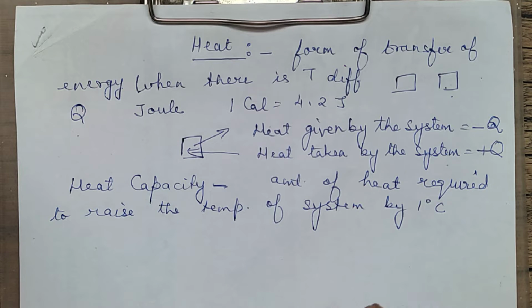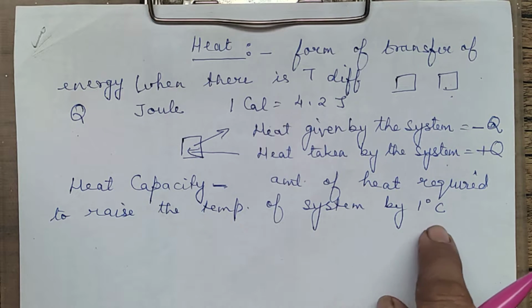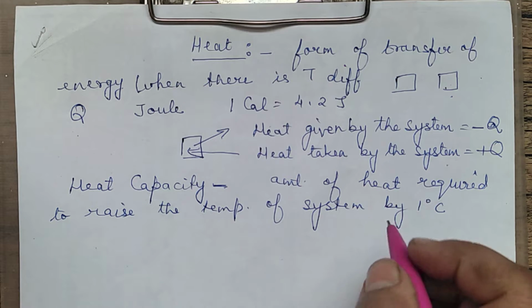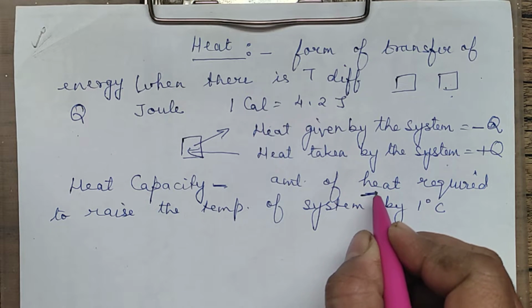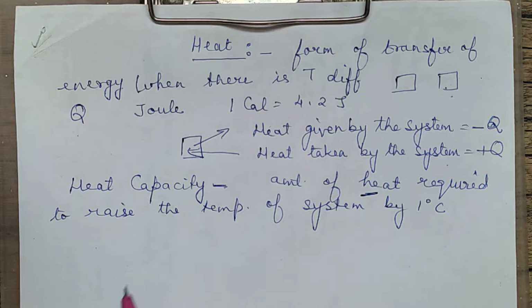Whatever system you have taken, if we are increasing that system's temperature by 1 degree Celsius, what is the amount of the heat required? That is called as heat capacity.